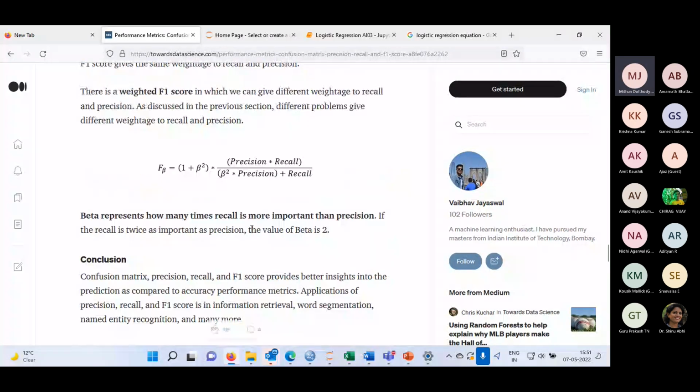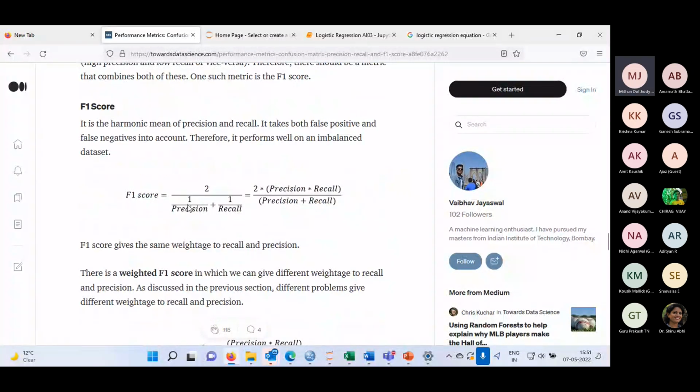F1 score is nothing but the harmonic mean of precision and recall, which means 2 times precision multiplied by recall, divided by precision plus recall, will give you the F1 score. It is a weighted average of these two things. Usually we pay attention to either precision or recall. If you want both, you can look at the F1 score.